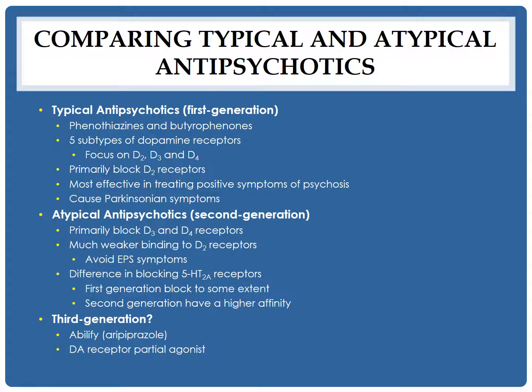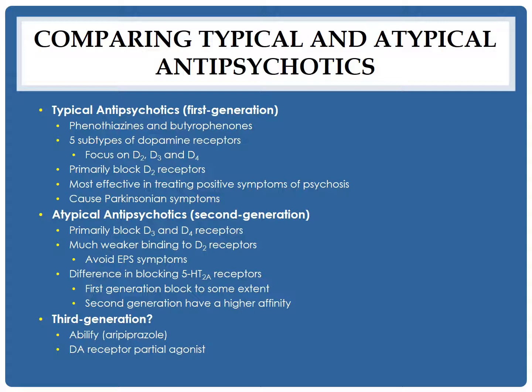The first generation of antipsychotics are also called typical antipsychotics, and the second generation are also called atypical antipsychotics. You can see a list of different typical and atypical antipsychotic medications in table 12-1. Typical antipsychotics were the first generation developed.